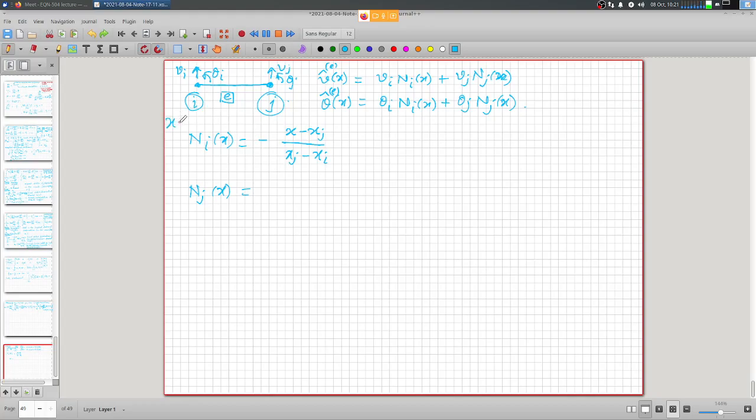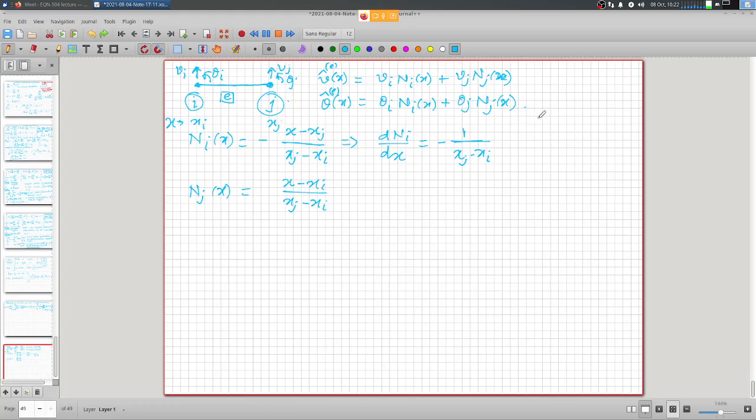So this is the coordinate x. Node i is defined by xi, node j is defined by xj, and Nj, given by Lagrangian interpolation, would be x minus xi divided by xj minus xi, and this implies dNi by dx is equal to minus 1 over xj minus xi.